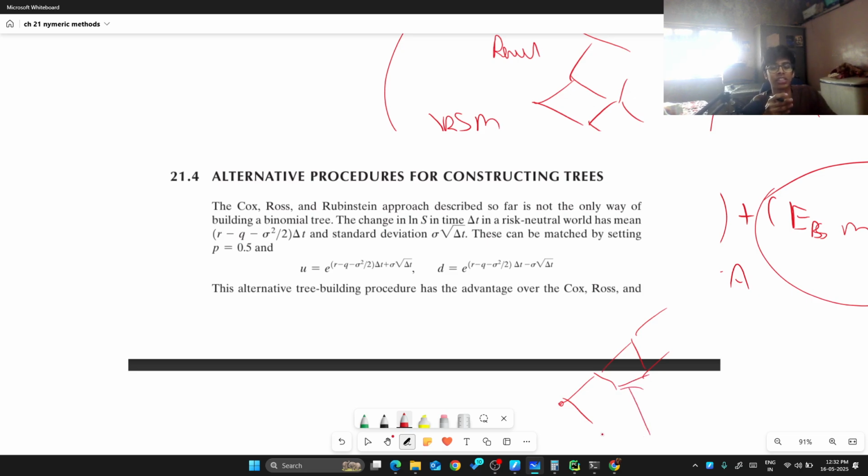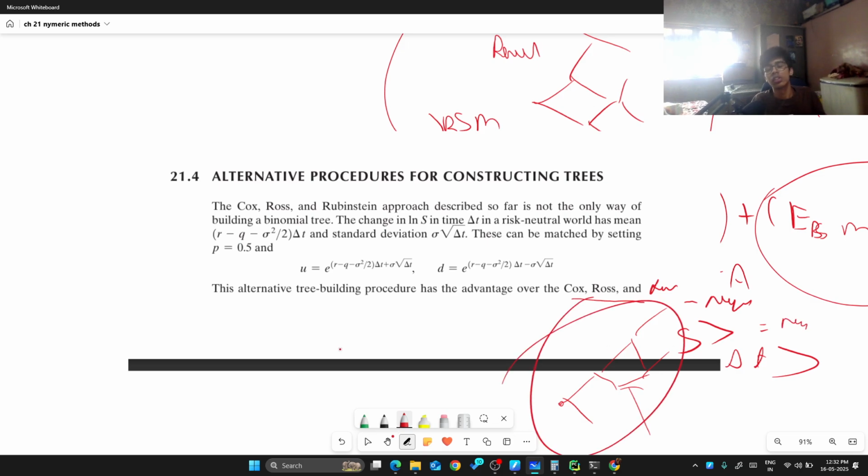It's advantageous because sometimes the Cox-Ross binomial tree has a negative probability. If there is a large amount of stock and delta t becomes too big, then there will be negative probability, but this will eliminate that. The probability will never be negative. The only drawback is that finding the Greeks from it would be hard.